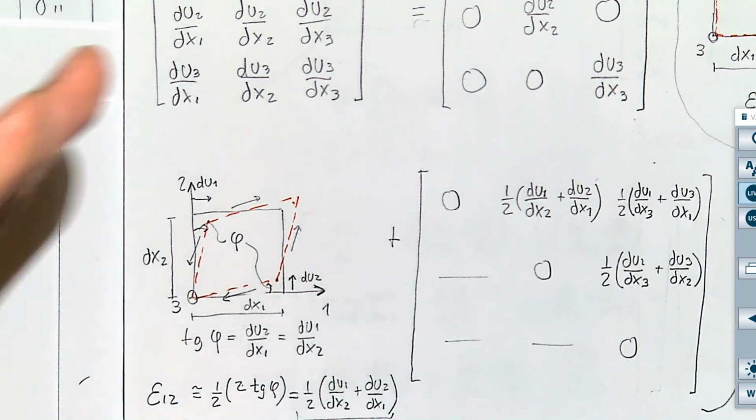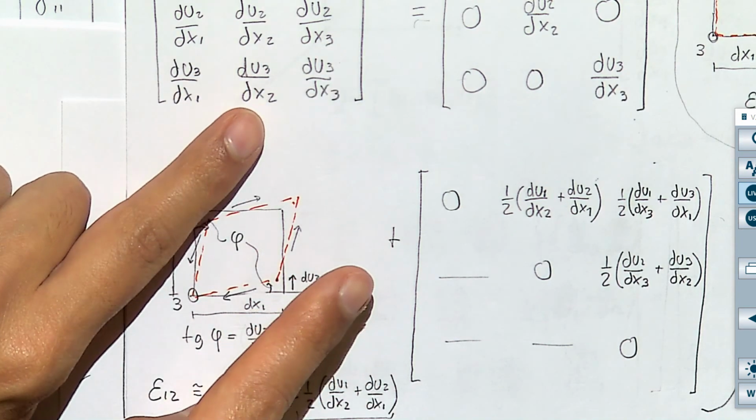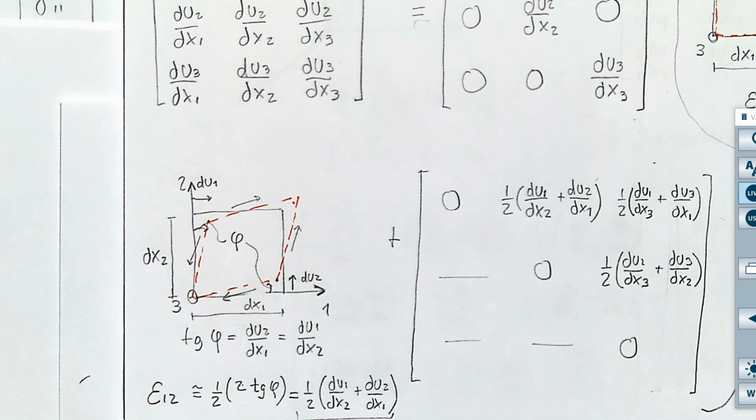Well, this shear strain in the plane 1, 2 is not going to produce a shear stress in the plane 2, 3, or in the plane 1, 3.